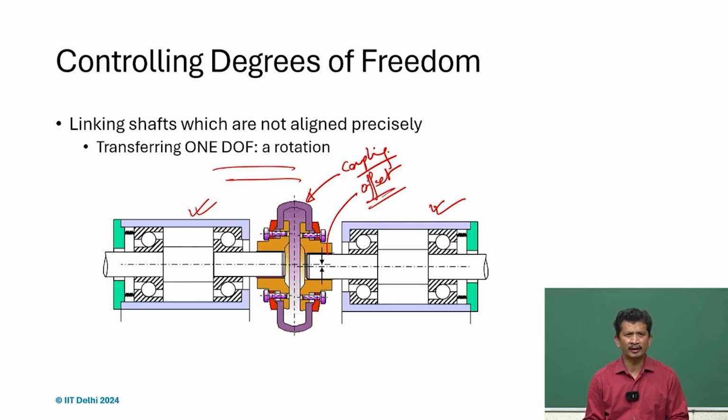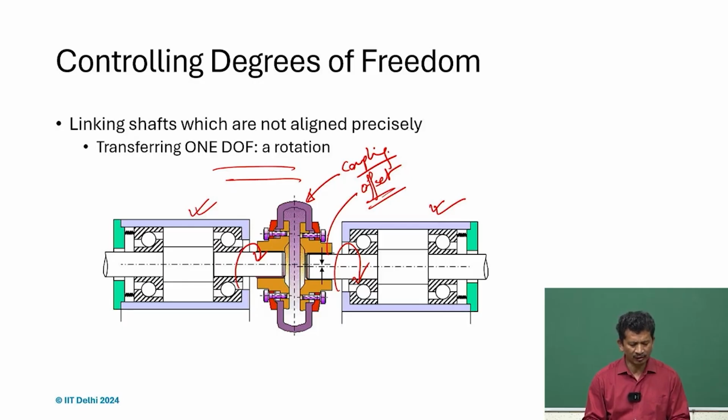And if we really want to get rid of those requirements, then we have to understand the constraint requirement of a coupling. So, for instance, here what is desired is, if you are rotating, the output side should also rotate by the same amount or in a predictable, deterministic way.